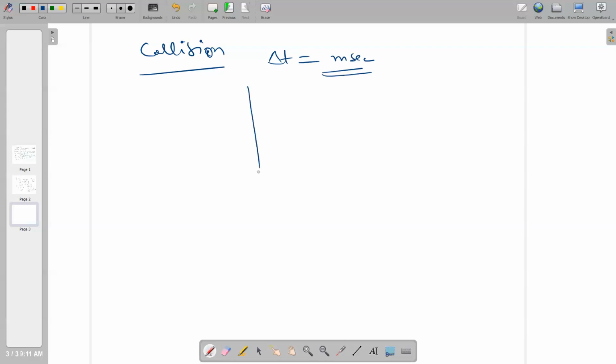If we plot a graph between f and t, this graph is showing the point where contact begins with the racket, and this is the point where contact ends. This is the maximum compression force the ball has, and this is the delta t time, in millisecond or microsecond.